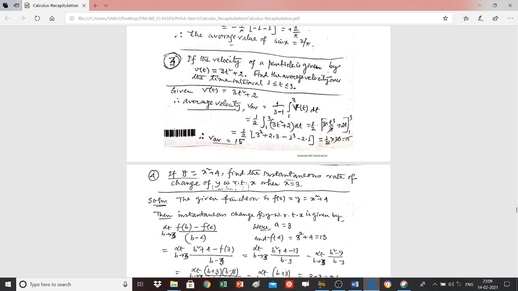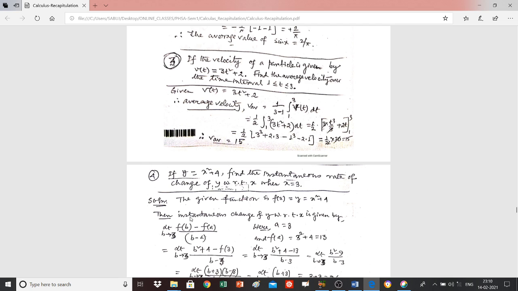Number one is using the method of limits, and number two is the method of calculus, that is, if y is your displacement, then dy by dx, using the formula dy by dx. So first of all we are going to find the instantaneous value of y with respect to x using the knowledge of limits.